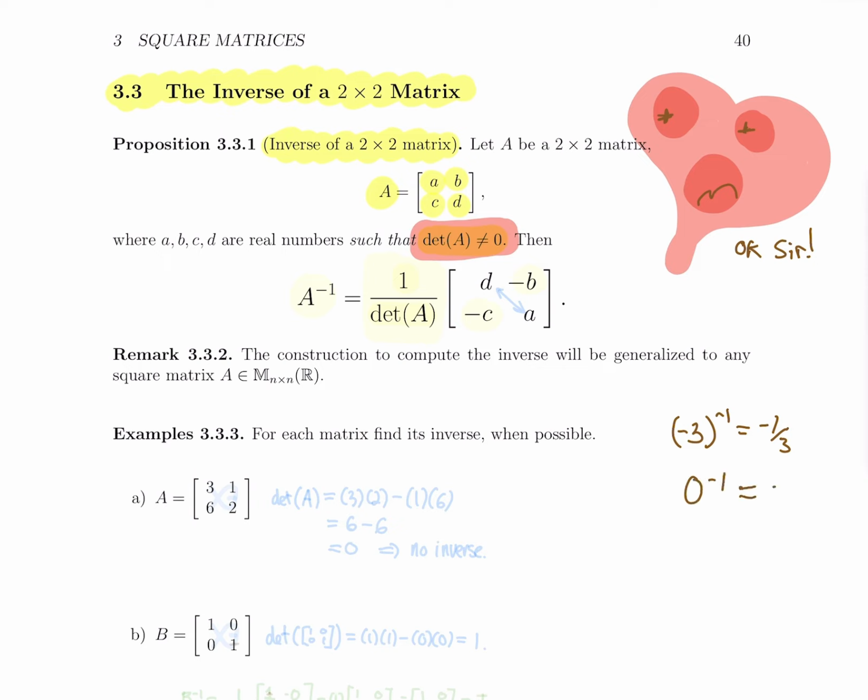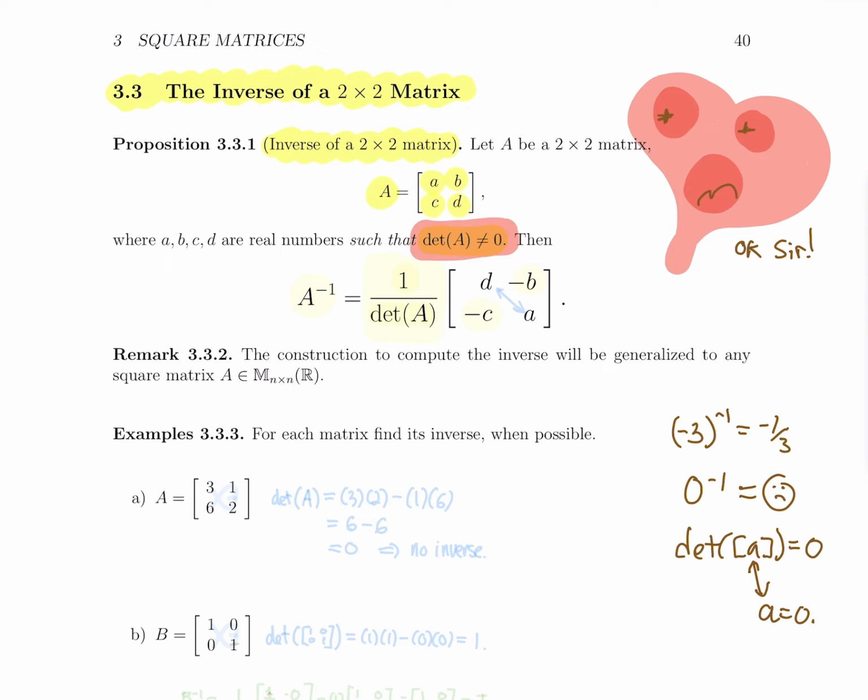And strangely, if you think about determinants of 1 by 1 matrices, the only 1 by 1 matrix where the determinant is 0 is if you have the number 0 inside of your 1 by 1. And that 1 by 1 matrix is the only one that you cannot compute the inverse for.